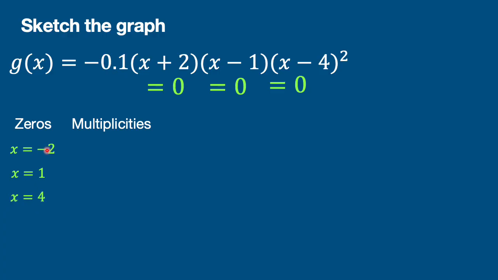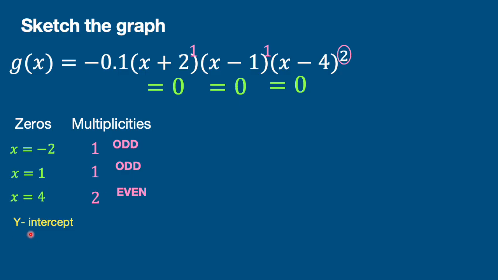Let's check the multiplicity, which means the power of the factor. x plus 2 has power 1, x minus 1 has power 1, x minus 4 has power 2. So write down the multiplicity for each zero. First is 1, second is 1, third, x equals 4, has power 2. 1 is odd, 1 is odd, 2 is even.